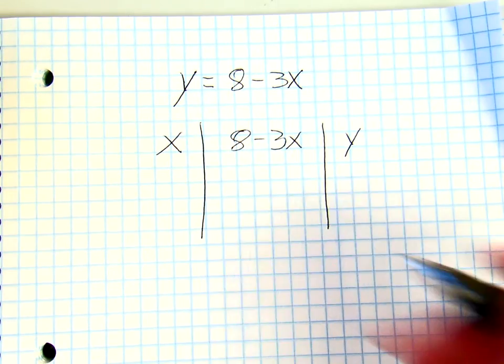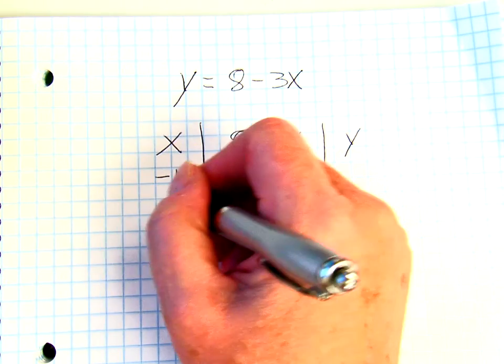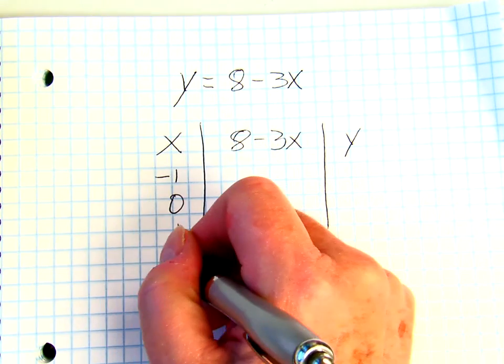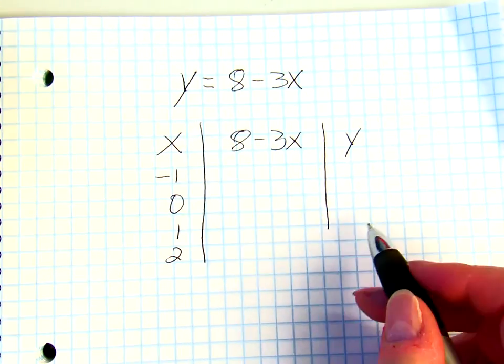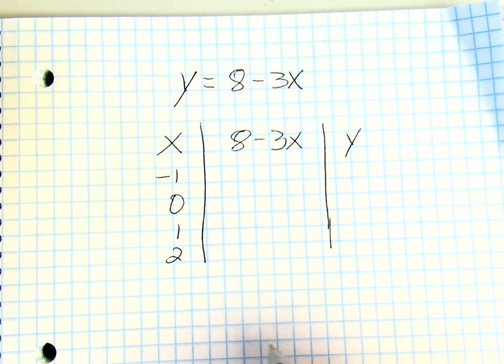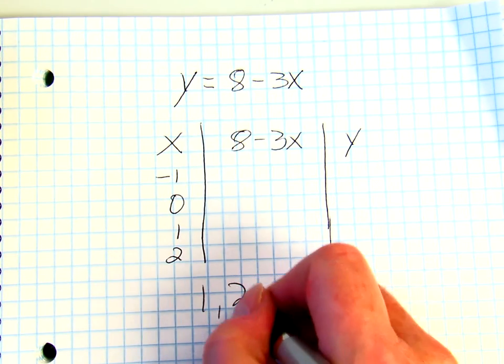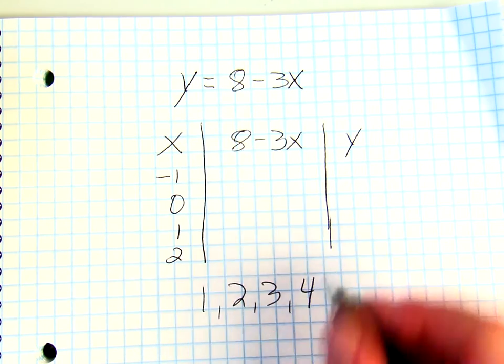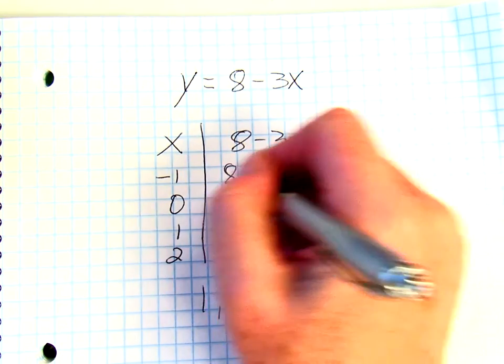I like to use negative 1, 0, 1, and 2. The book will sometimes ask you to use 1, 2, 3, and 4.